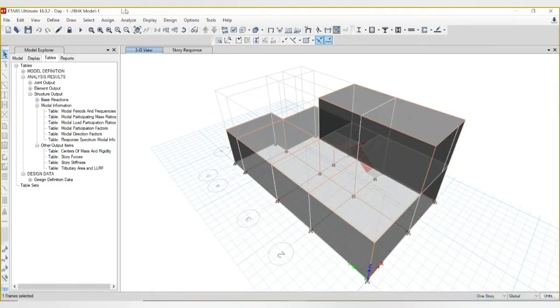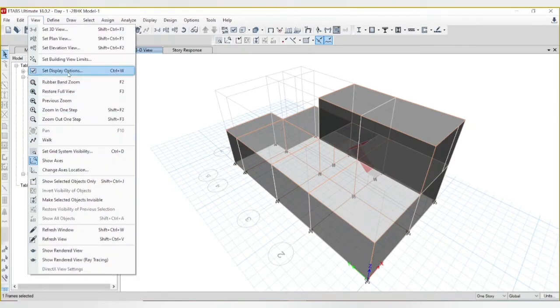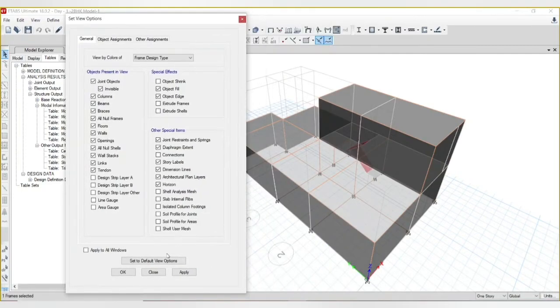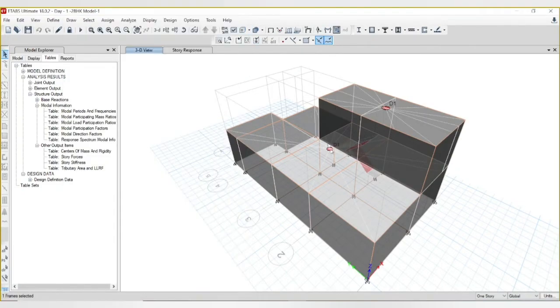Yes, this is our 3D mode. You can see the center of mass here.